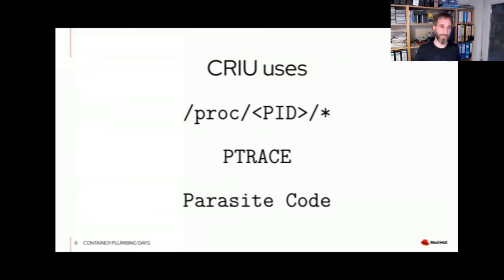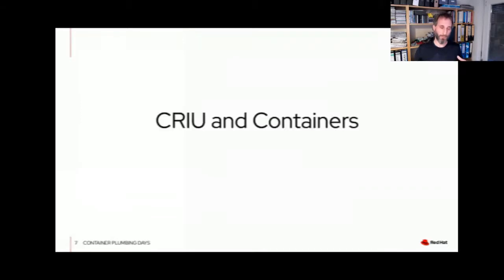So CRIU and containers. When you tell CRIU to checkpoint a process, you tell CRIU which PID you want to have checkpointed, and CRIU then checkpoints that PID and all child PIDs. So CRIU will always operate on a process tree, never on a single process, except if the process has no child processes.